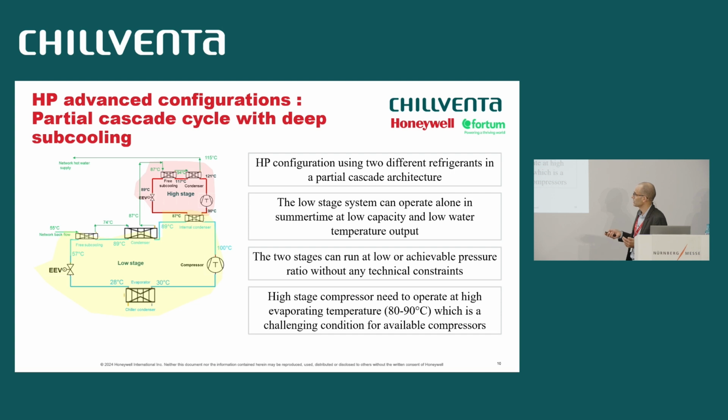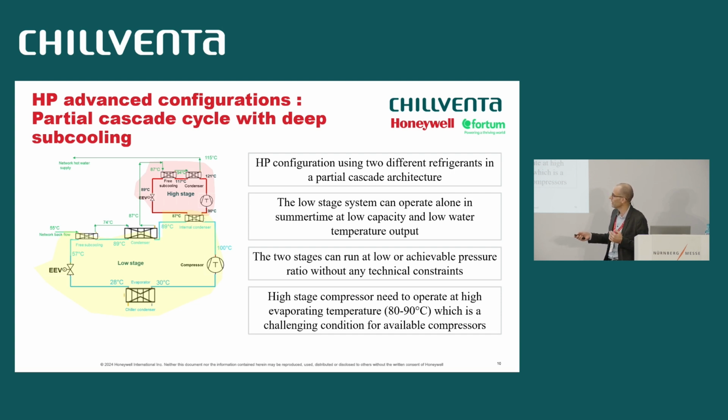So this last configuration is like a cascade system, but we have an additional heat exchanger, a condenser, here. When we are working at low water condition, the first stage here can deliver water up to 90 degrees C, and then at lower ambient temperature, when we need very high water temperature, we can run this high stage and deliver water.